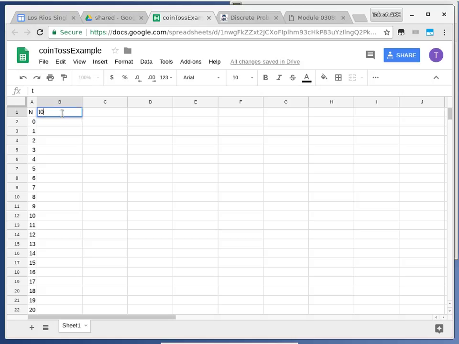So this is trial 0, this is trial 1, trial 2, trial 3, and trial 4. So there are 5 trials here. Each one is basically 1 digit of a 5-bit number. Because 0 is 0, 0, 0, 0, 0 as a binary number, and 31 is 1, 1, 1, 1, 1 as a binary number. Everything in between is going to enumerate every possible way to generate the heads and tails.